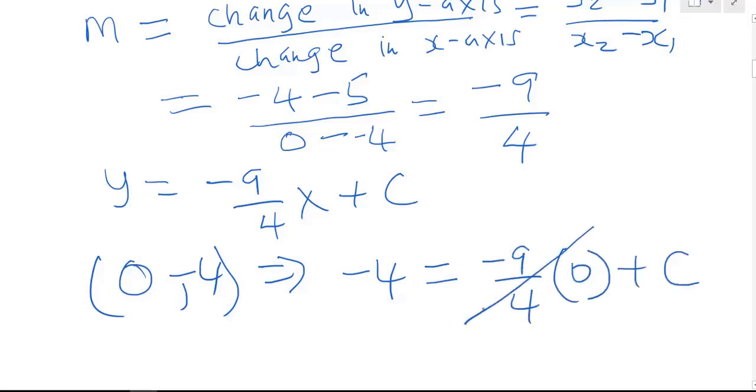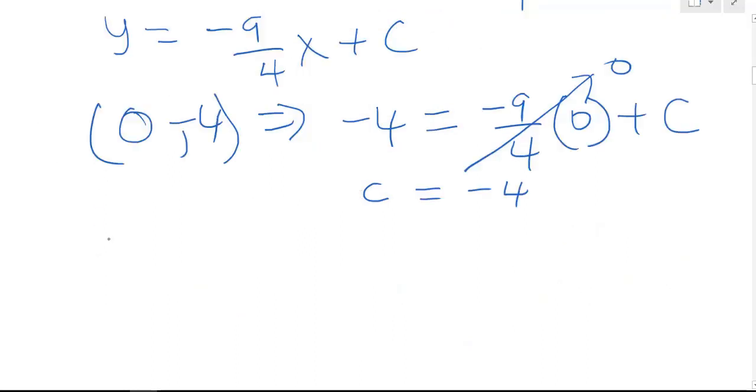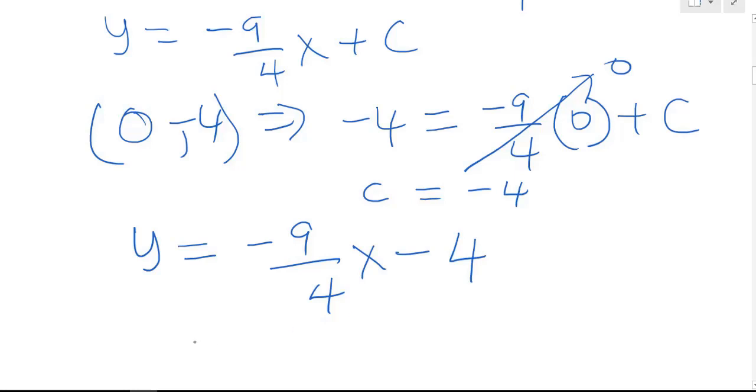The whole of this value reduces to 0, meaning that our c is equal to -4. Therefore, our equation becomes y equals -9 all over 4 x minus 4.